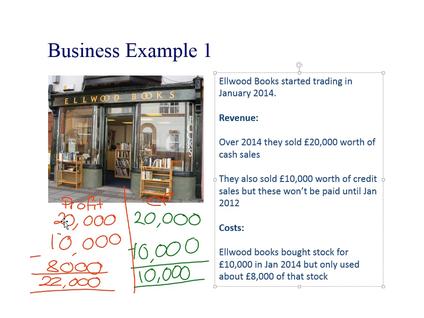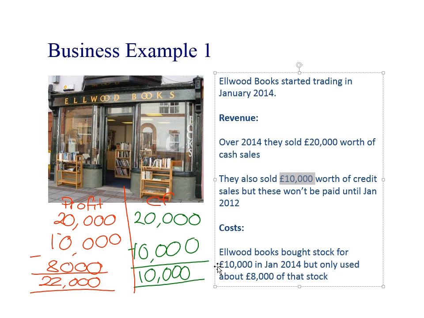But actually, when we're looking at profit, what we're looking at in terms of revenue, it doesn't matter if you've actually physically received the money in. We're looking at whether you made a sale. So it doesn't matter that this £10,000 is still owed, that's still sales. So it's £20,000 of revenue plus the £10,000.